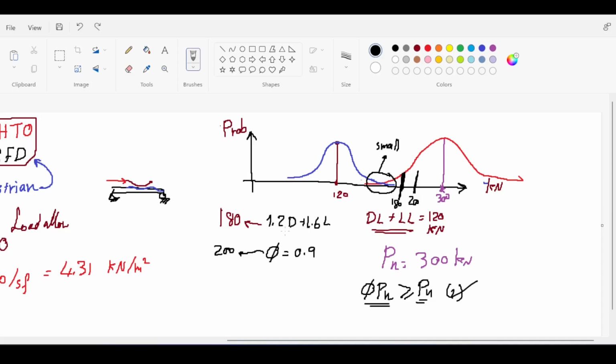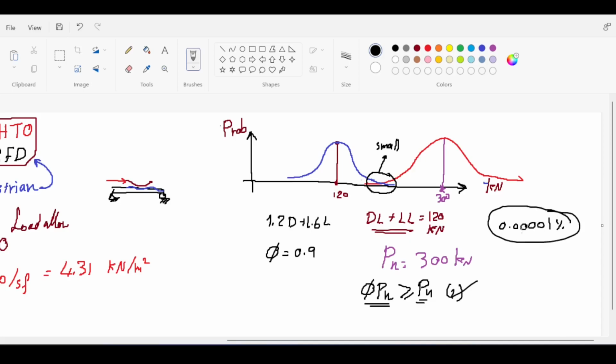They simplify this entire statistical mumbo jumbo into a very simple inequality that gives you one little problem to solve. And in the end, when you design like this, you still run into a very small probability that your structure will fail.